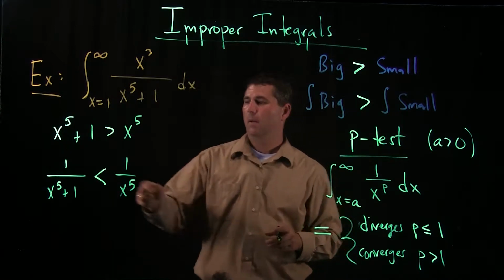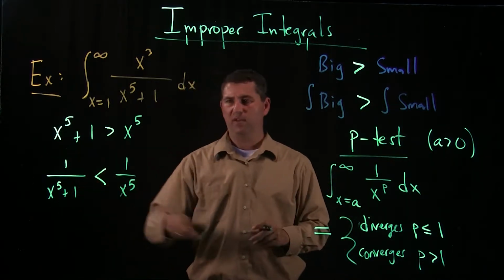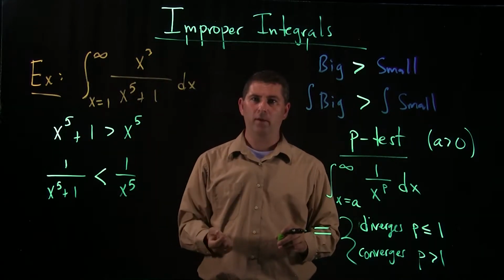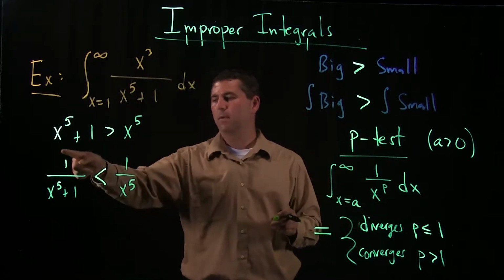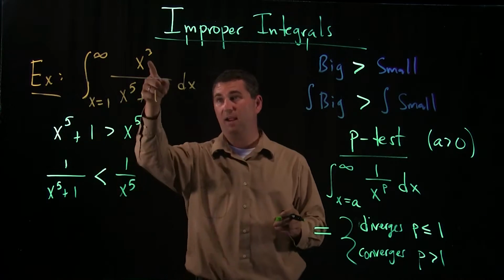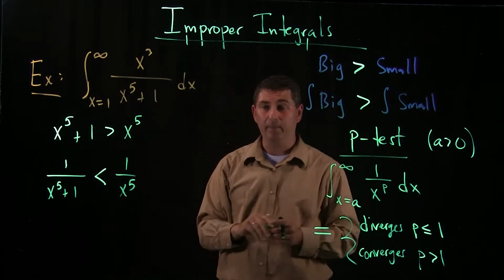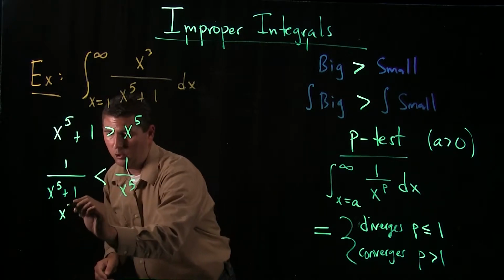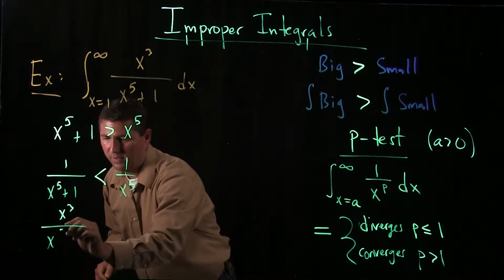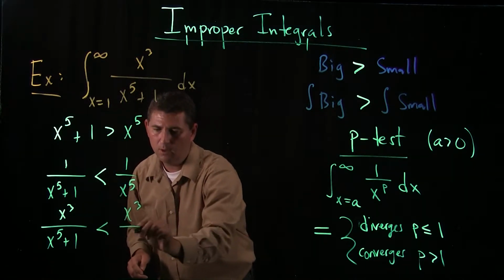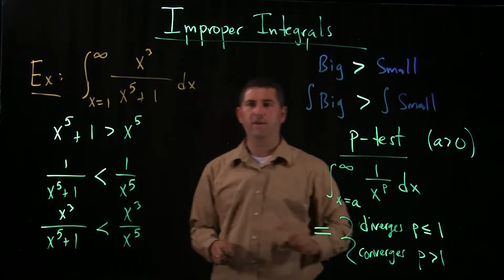Okay? I don't really have 1 over x to the 5th plus 1, though. I have x cubed over x to the 5th plus 1. Okay, fine. I'm going to multiply both of these by x cubed. And since x is always positive, I don't have to worry about the sign flipping. So x cubed over x to the 5th plus 1 is less than x cubed over x to the 5th.